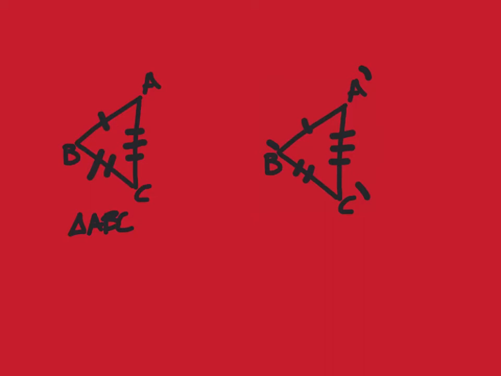So angle B is congruent to angle B prime, angle A is congruent to angle A prime, and angle C is congruent to angle C prime. Again, this motion of moving the image without changing the size or shape of the figure is a translation.